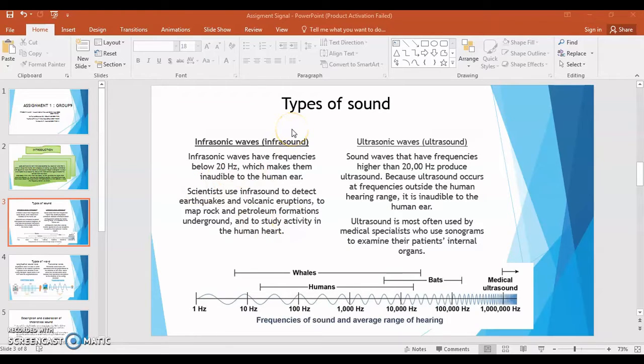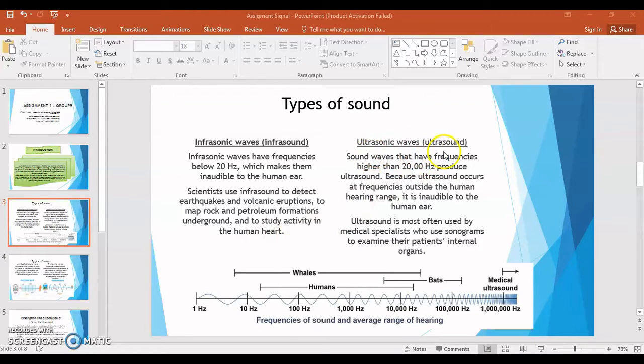In this signal, there are two types of sound: infrasonic wave, or infrasound, and ultrasonic wave, or ultrasound. Infrasonic waves have a frequency below 20 Hz, which makes them inaudible to the human ear. Scientists use infrasound to detect earthquakes and volcanic eruptions, to map rock and petroleum formations underground, and to study activity in the human heart.